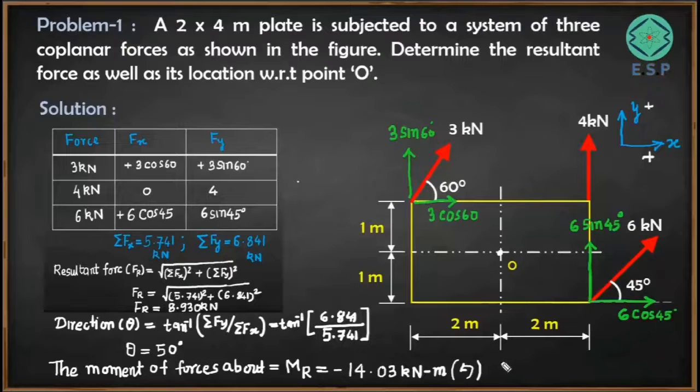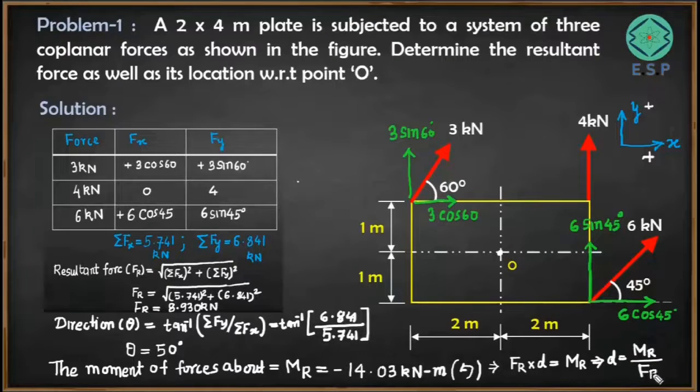Okay, so by that rule I can say that if your force is acting at a distance, let's say d, then the resultant force times the distance d must be equal to the resultant moment. So from here you'll get d as the resultant moment with respect to point O, because we have found the resultant moment with respect to point O, divided by the resultant force.